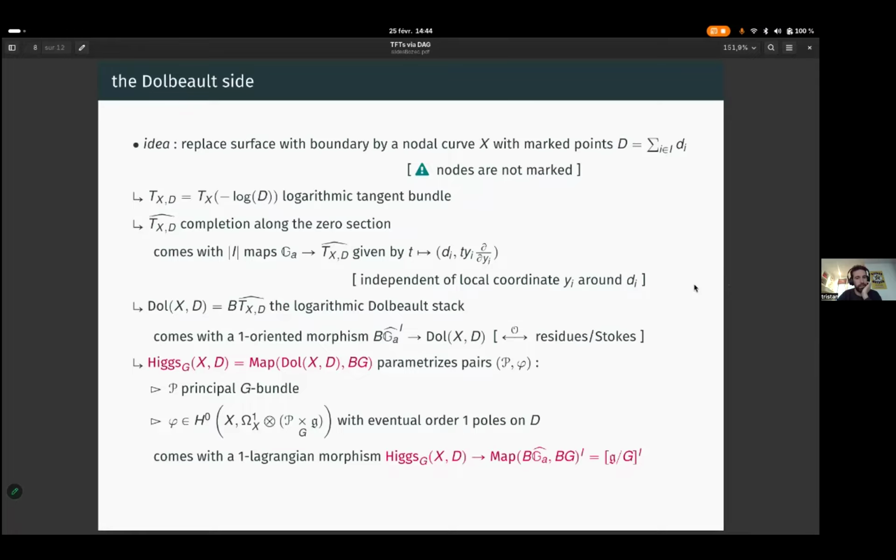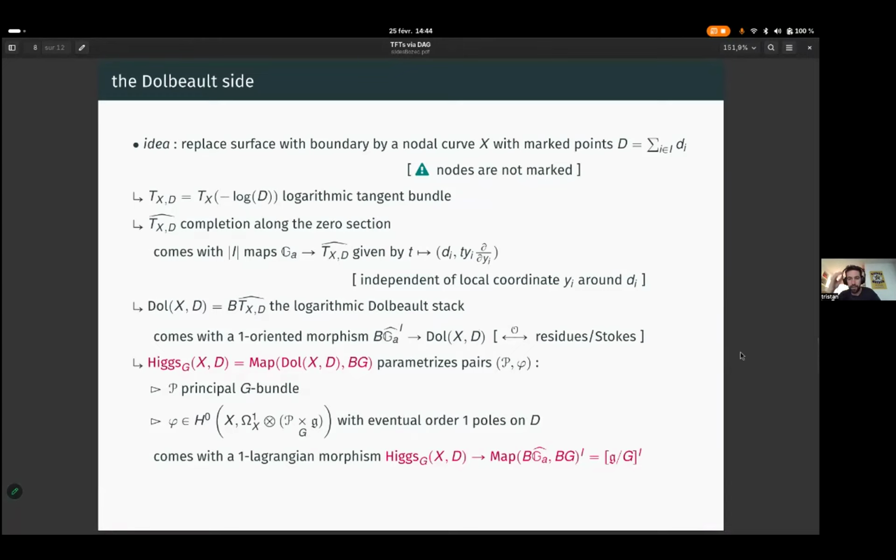Taking the classifying space, I have what Simpson defined as a logarithmic Dolbeault stack. What's really nice is that it comes with such a map, which is actually going to be one-oriented.